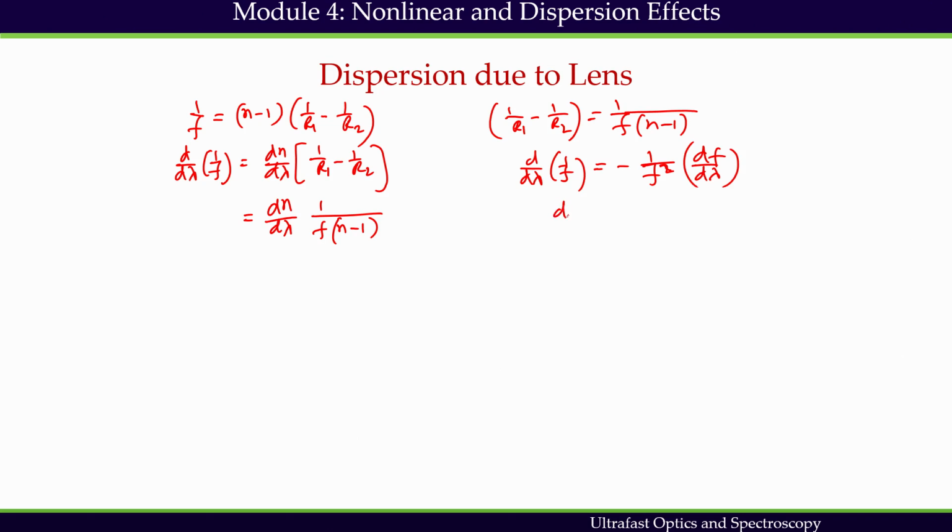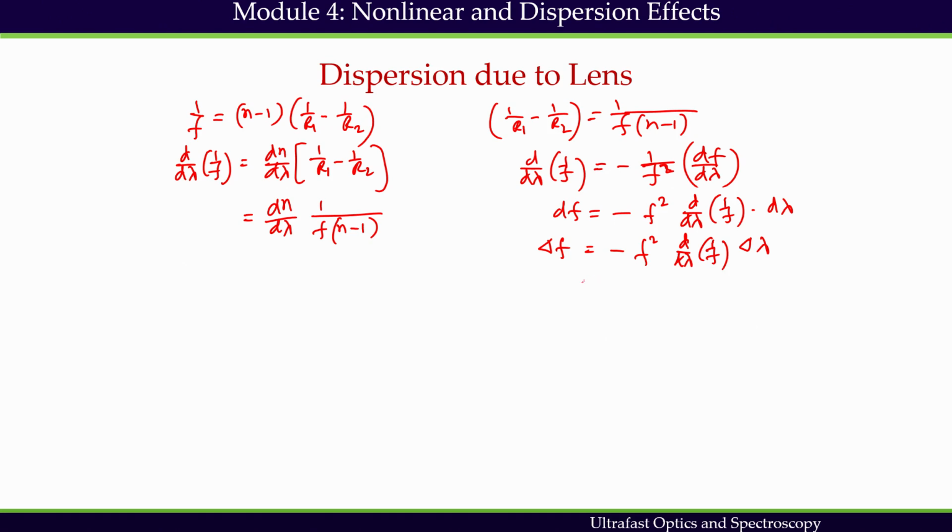So I can write down df as minus f square d lambda of 1 by f multiplied by d lambda. And this can be rewritten as d lambda of 1 by f multiplied by delta lambda, if we consider a finite width.